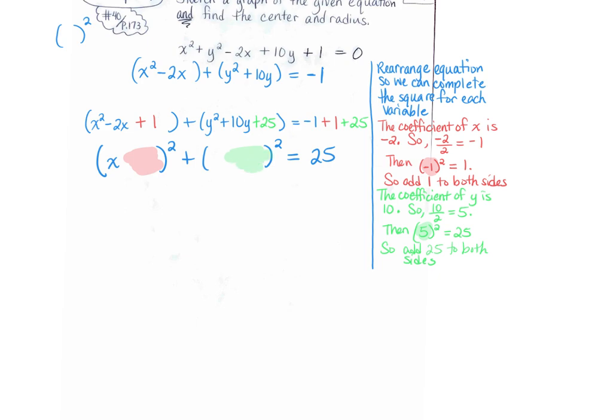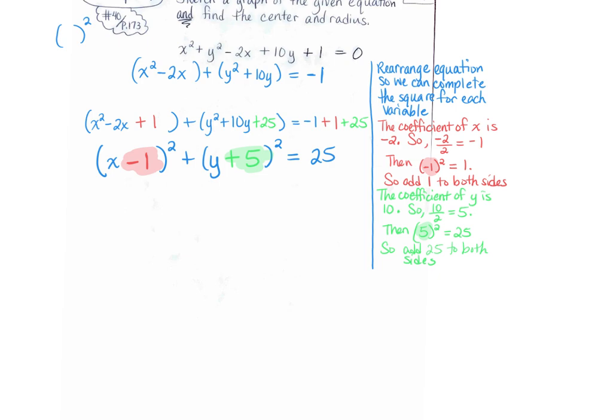So this is going to be x, what goes there? -1. So that should be x minus 1 quantity squared. The next one should be y plus 5 quantity squared equals 25, right?